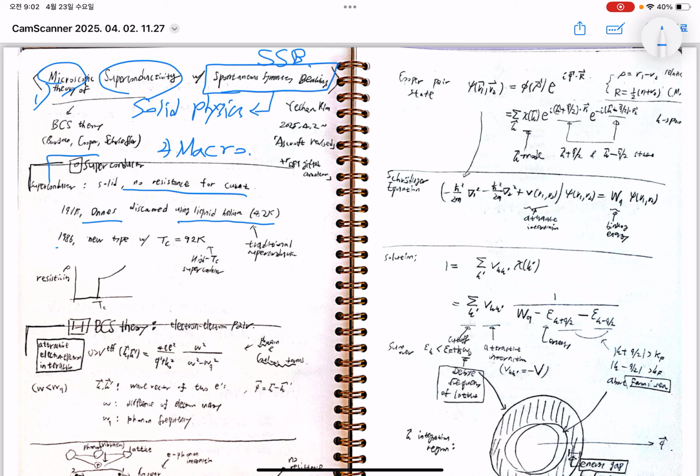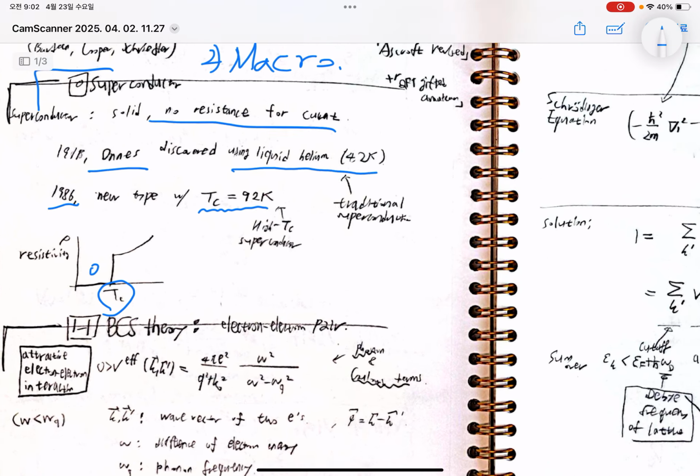And in 1986, new types of superconductors with relatively high temperatures were found, with a critical temperature of 92 Kelvin. This is called the high TC superconductor. Below such a critical temperature TC, the current becomes Joule-loss free in the superconductor.